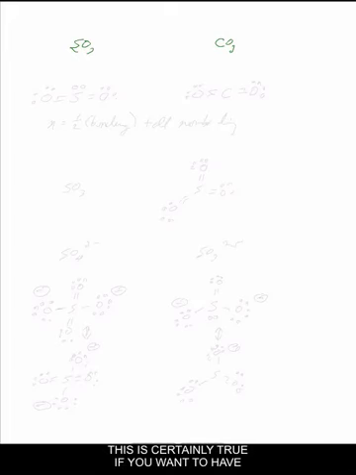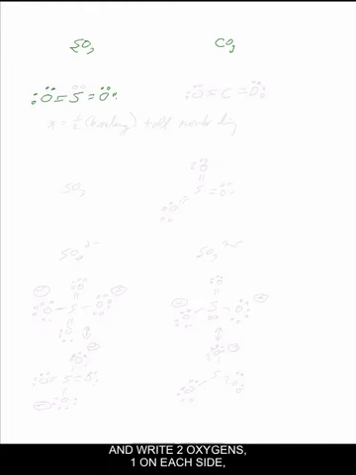This is certainly true if you want to have a neutral oxygen atom. So I might start out by putting sulfur in the middle because it's the single copy atom, and write 2 oxygens, 1 on each side, with 2 sets of non-bonders, and look at that structure.